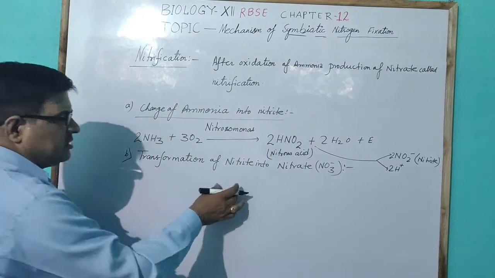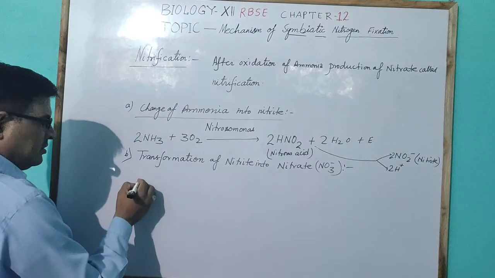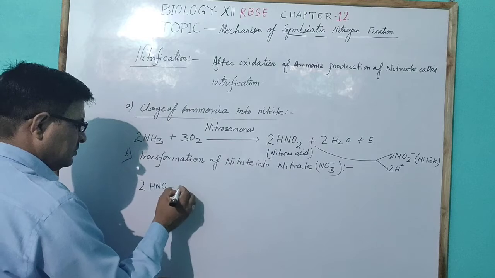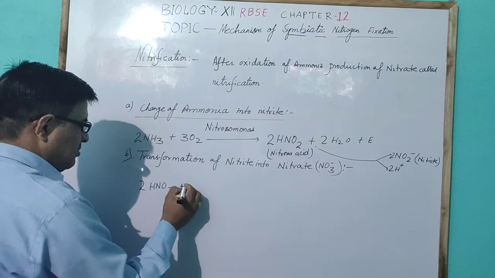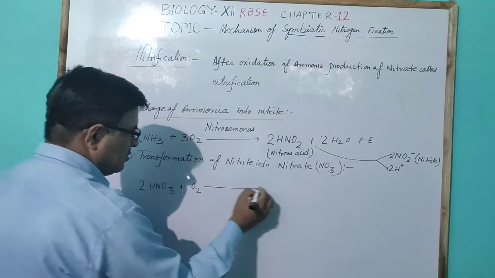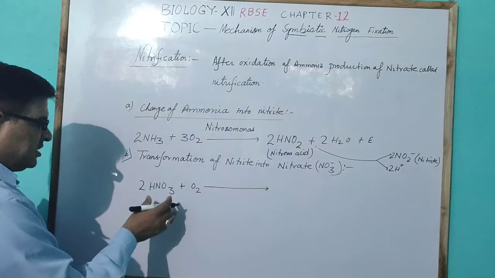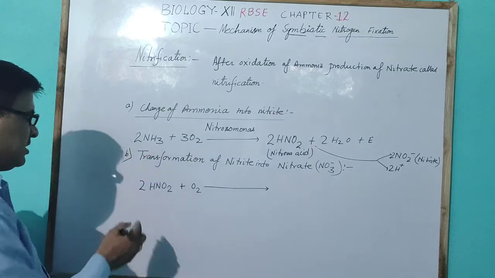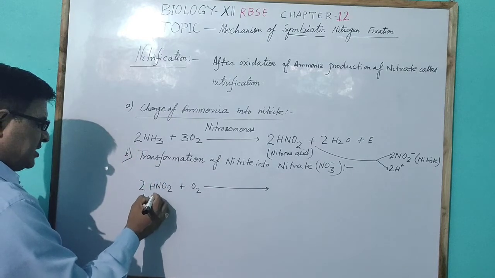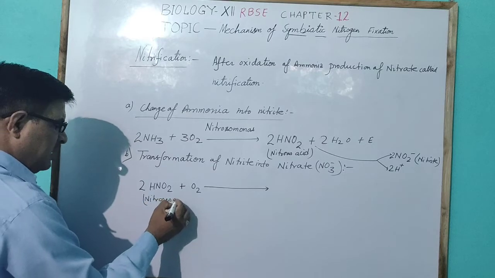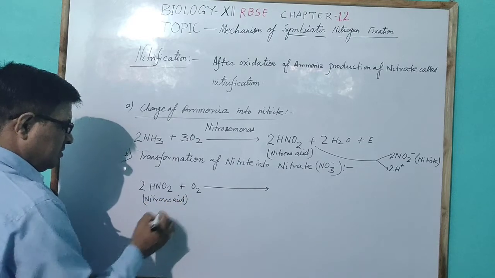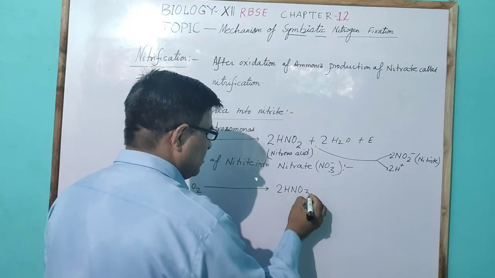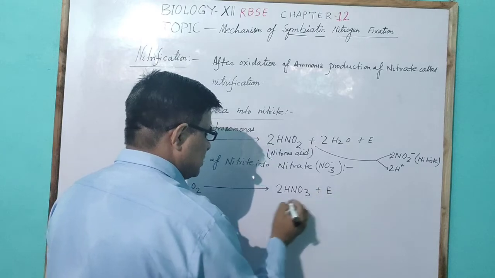Transformation of nitrite into nitrate occurs in the reaction where 2HNO2, nitrous acid, combines with oxygen, meaning oxidation of nitrous acid takes place. Oxidation of nitrous acid then produces nitric acid with energy.